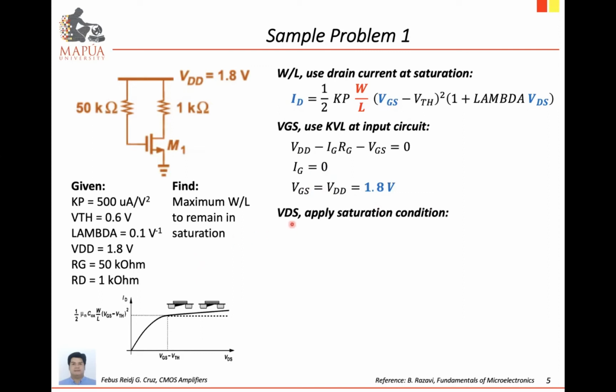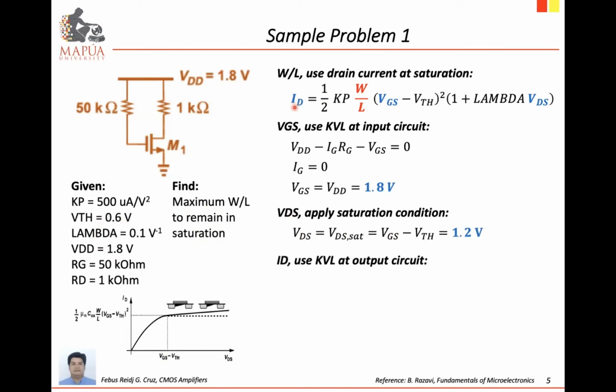Then, for the VDS, we can apply the condition to remain in saturation, meaning that VDS is equal to the saturation point, which is VGS minus VTH. So we subtract 0.6 volts of threshold voltage from 1.8 volts. So VDS is equal to 1.2 volts.